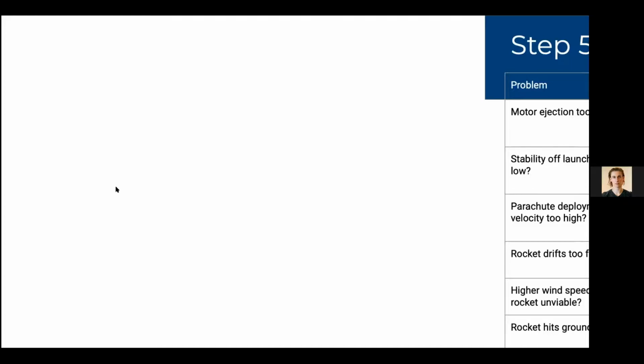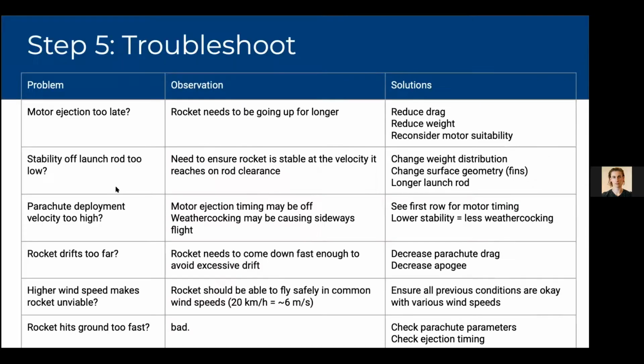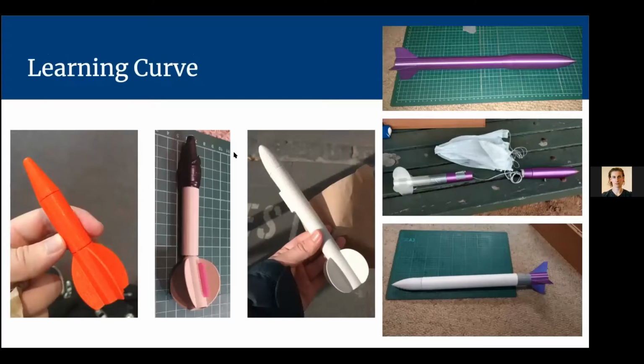So next, I believe I have a little bit of a walk down memory lane for me. If you could get to the next slide, please, Hasan. So this is a little sample of all the rockets that I've launched, basically. Starting on the left, this is my first ever design.